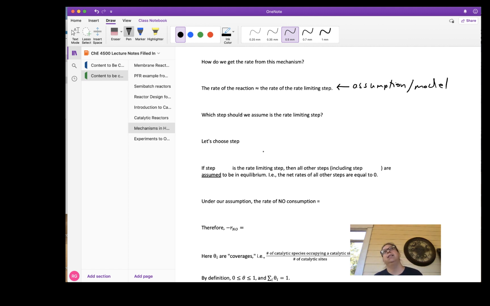Hence, the rate depends on just the rate of that one reaction. That is an overly simplified model, but in a lot of cases, it's useful. And for an introductory lecture on catalytic mechanisms, it's perfectly acceptable. Really getting into more details than that is beyond the scope of this course.